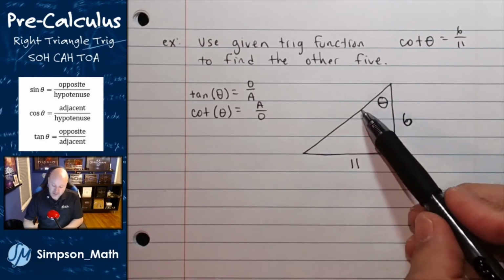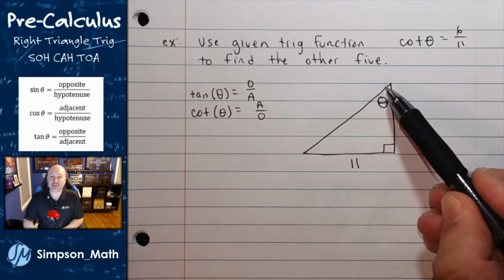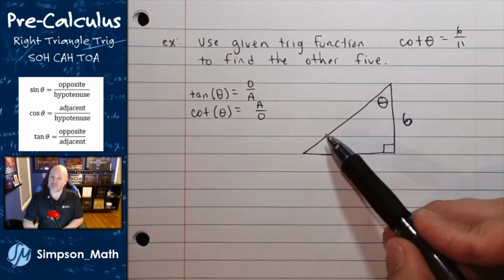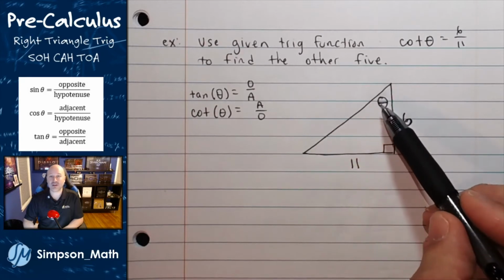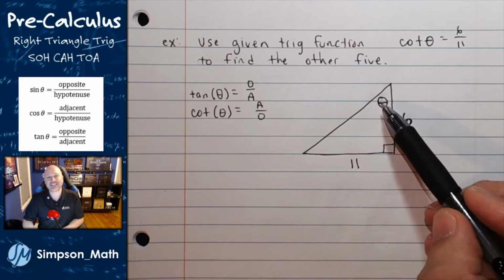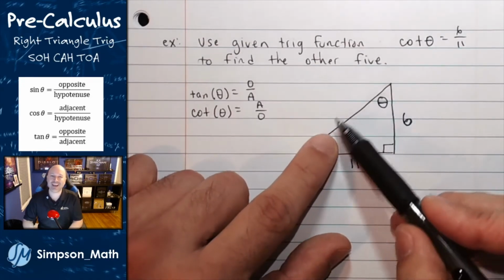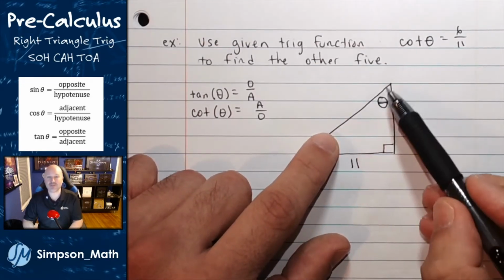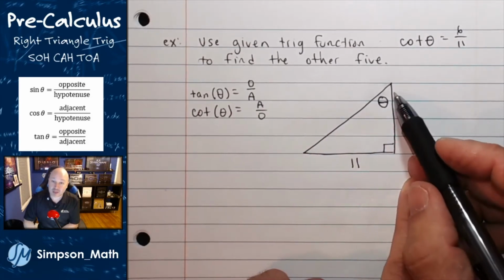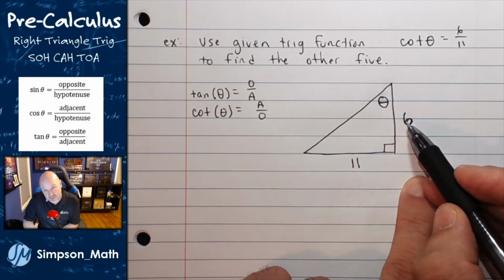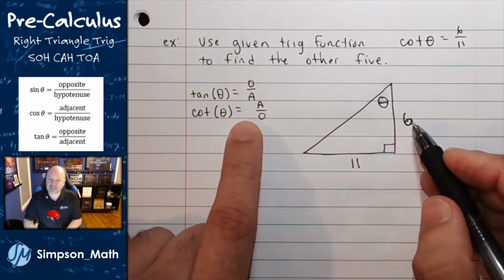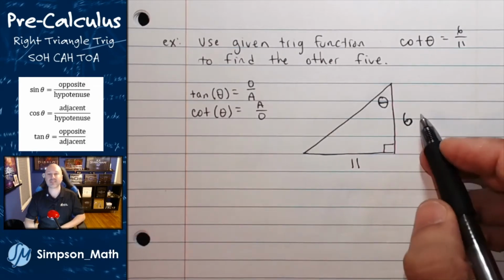Now, I did not call this side length 6 the adjacent one, because even though it is touching the reference angle, or this theta, it's clearly the hypotenuse. This is the side length opposite the 90-degree angle, so that's reserved for the hypotenuse. So if that's theta, this is the adjacent, this is the opposite. Cotangent is defined as adjacent over opposite, 6/11.